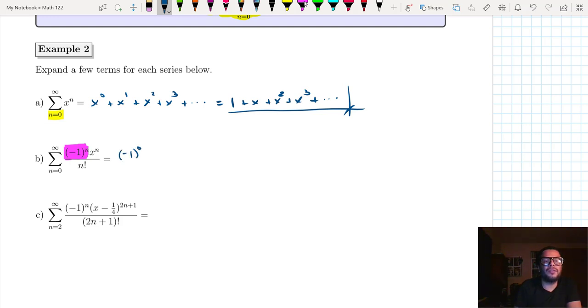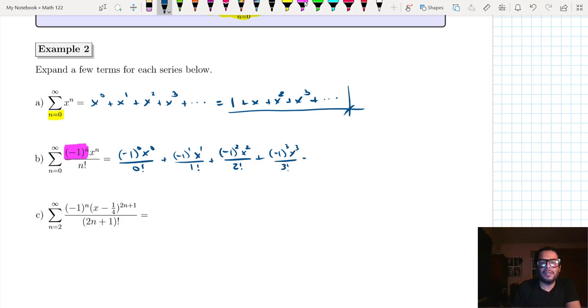Negative 1 to the 0, x to the 0 divided by 0 factorial, plus negative 1 to the first, x to the first divided by 1 factorial, plus negative 1 to the second, x to the second divided by 2 factorial, plus negative 1 to the third, x to the third divided by 3 factorial. That's enough.